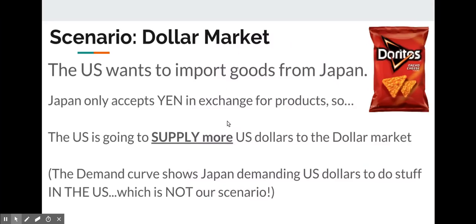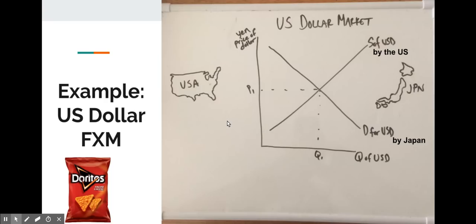Now our scenario is the US wants to import goods from Japan. However, we know that Japan only wants to accept yen in exchange for its products. So if we look back at our graph, we want to buy, as the US, Japanese goods. So we want to think, are people in the US going to supply dollars in order to do things in Japan?